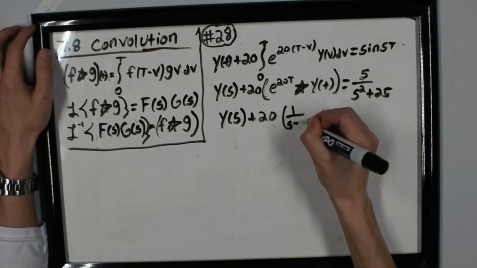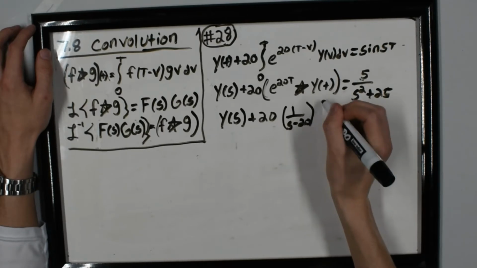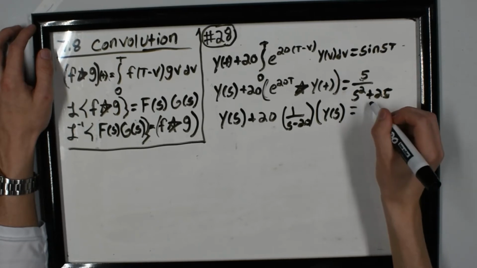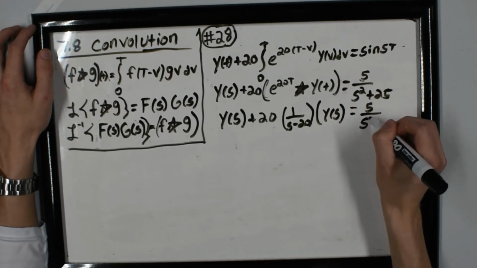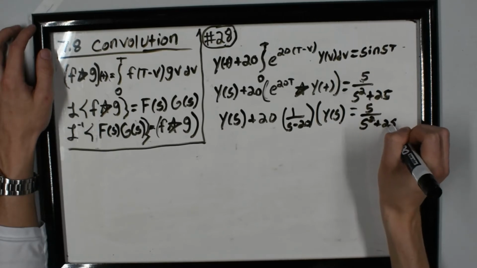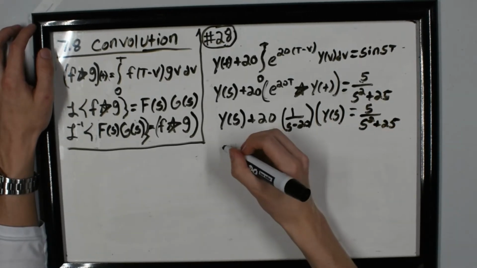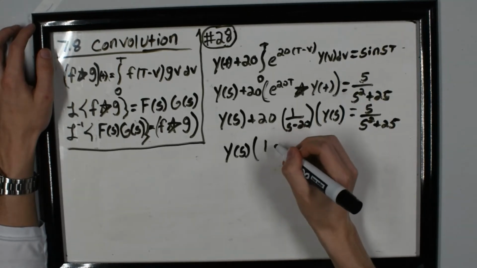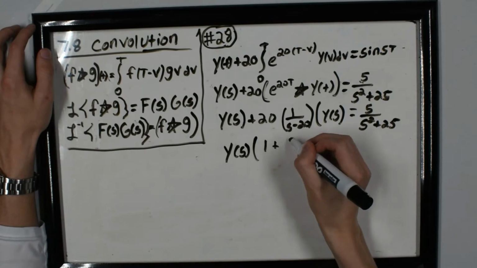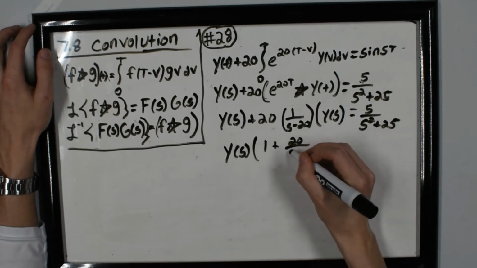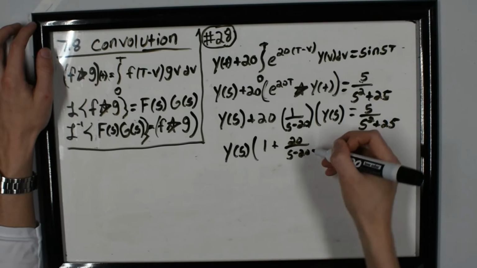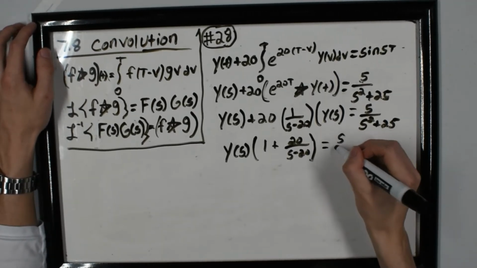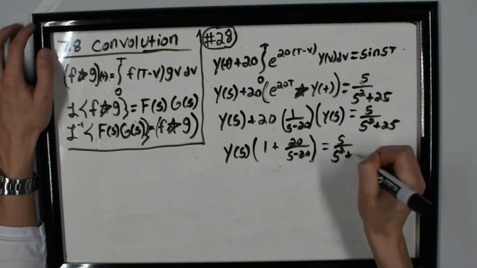So this is just 1 over s minus 20, and this is just Y of s. It's equal to 5 over s squared plus 25. Now what we want to do is factor out the Y of s. And we're going to get on the inside 1 plus 20 over s minus 20, equal to 5 over s squared plus 25.